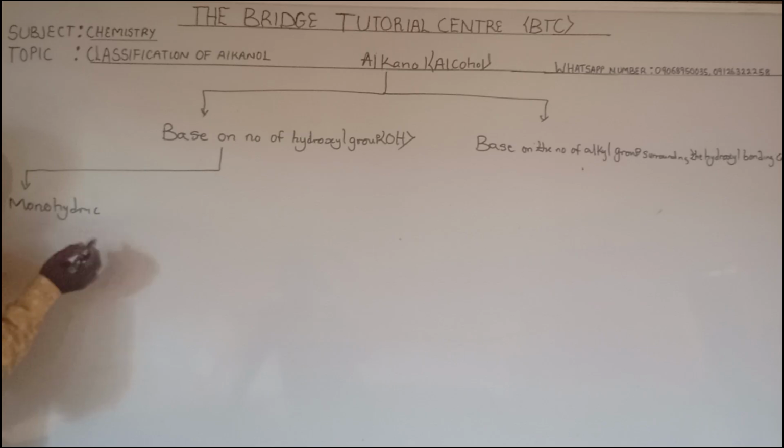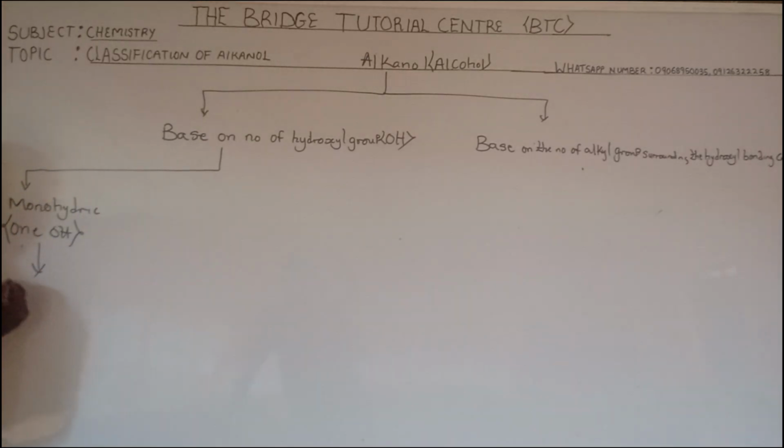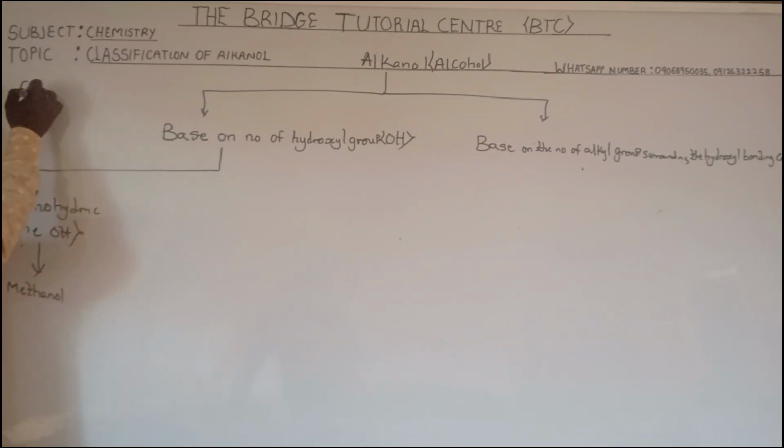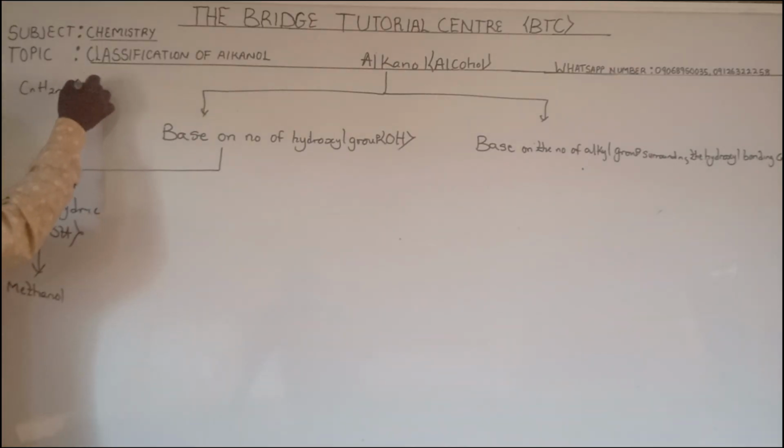For example, this one has one OH. These are the examples. We have the methanol. And what is the formula for methanol? Don't forget our normal formula CnH2n+1OH.